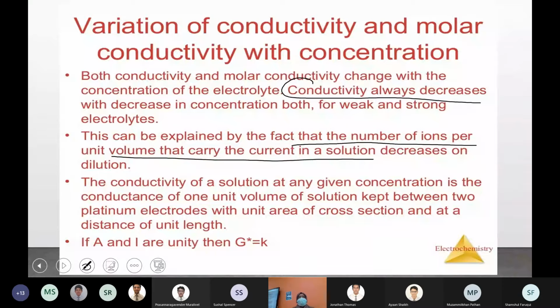What was the equation we wrote for the conductivity? It is 1 by resistivity. But if you know the equation for resistivity, you will get an equation, right? What is the resistivity equation?